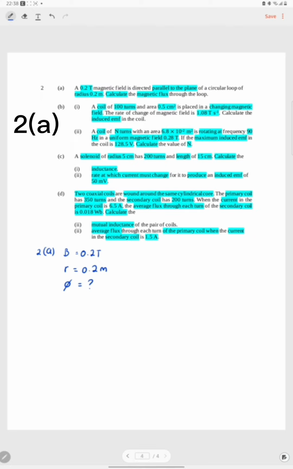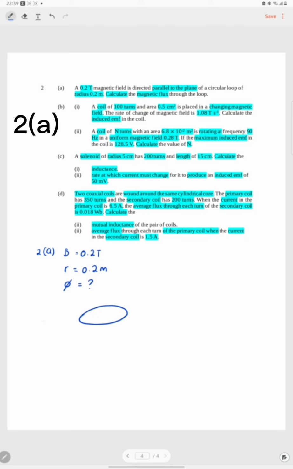I tried to sketch a diagram to represent how the circular loop is parallel to the magnetic field. Let's say this is the plane of the circular loop that I sketch here.